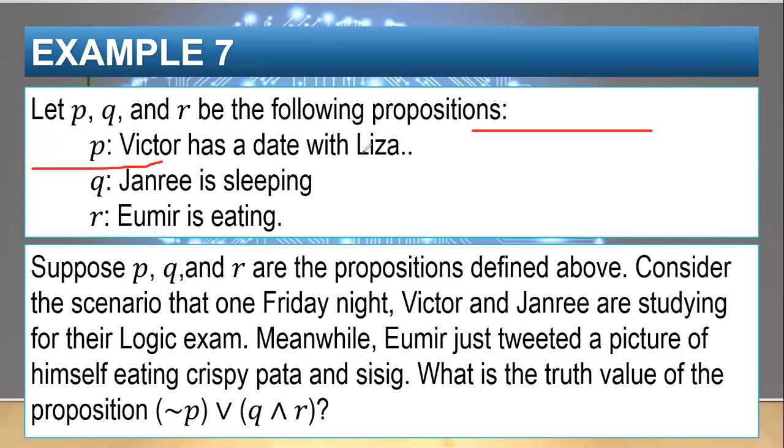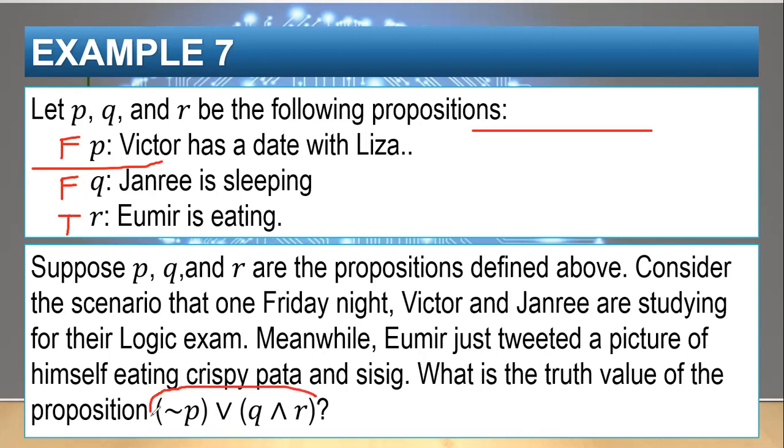So hindi na pwede na magka-date si Victor and si Liza. So that is false. Also, si John Ray hindi siya natutulog kasi nga is studying with Victor. So that is also false. So can we say that Yumir is eating? Okay, so he just tweeted a picture of himself eating crispy pata and sisig. That's why we can say that proposition R is true. So P is false, Q is false, R is true.